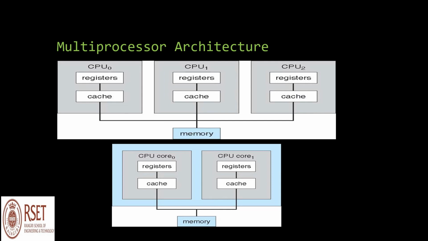This is also known as parallel systems or tightly coupled systems. Usually multiprocessor systems have different advantages, like increased throughput, increased reliability, and economy of scale, etc.